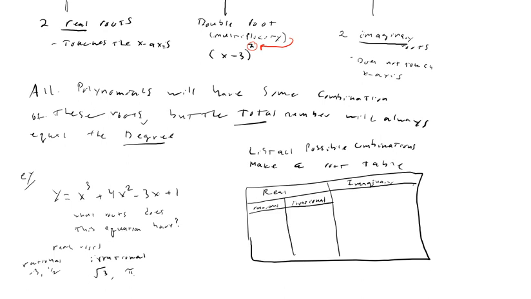And so I know that my total number has to equal 3, because my degree is 3 of this equation. My degree is 3, so my total number of roots has to equal 3. And I can have different combinations. I can have, for example, all 3 of my roots be rational, none irrational, and no imaginary roots. That's a possible combination.